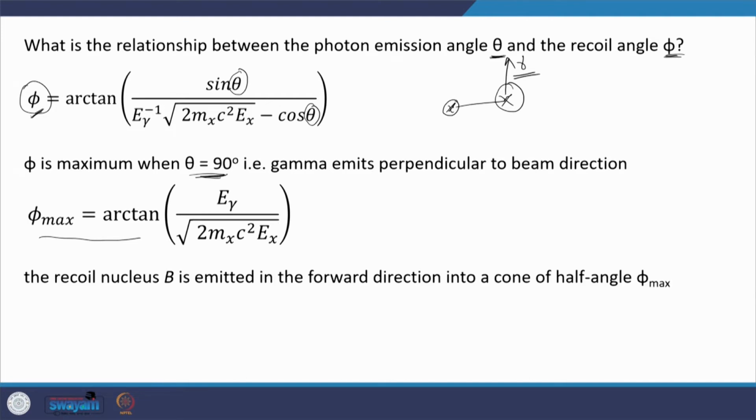Alright. Now, when the recoil angle is maximum, that means the recoil nucleus B is emitted in the forward direction only, but into a cone of half angle phi max, okay.